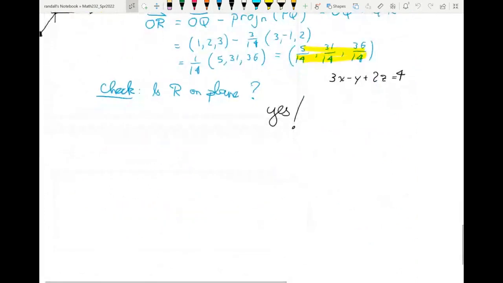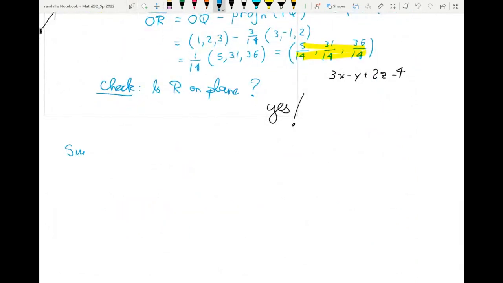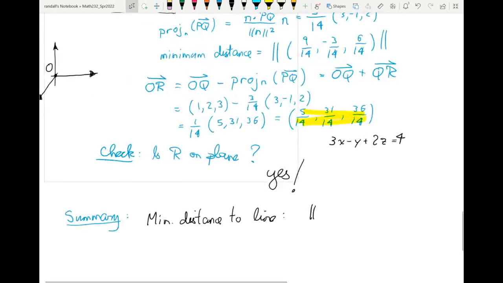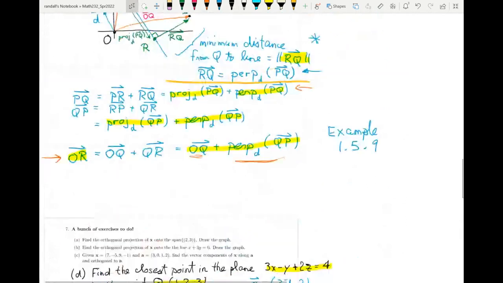The minimum distance to a line uses this, the projection going back to here.